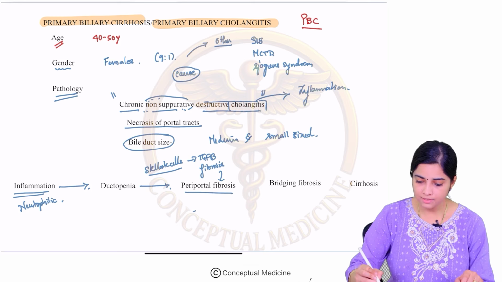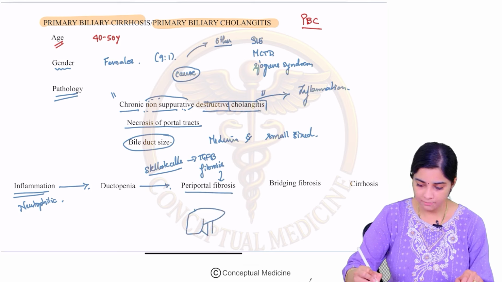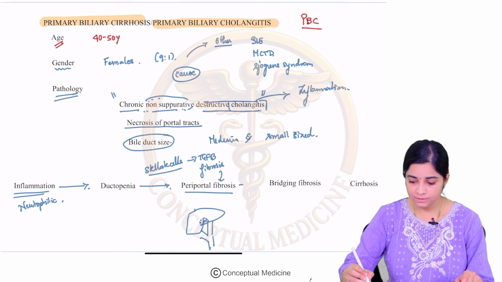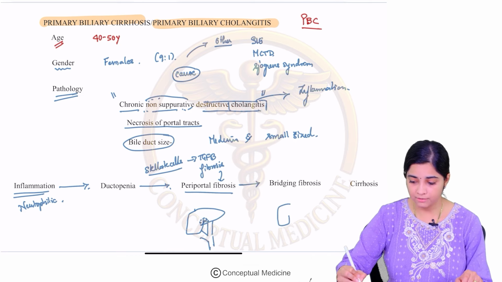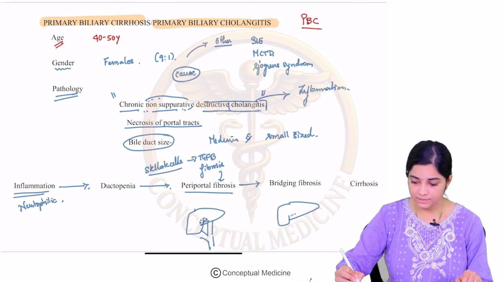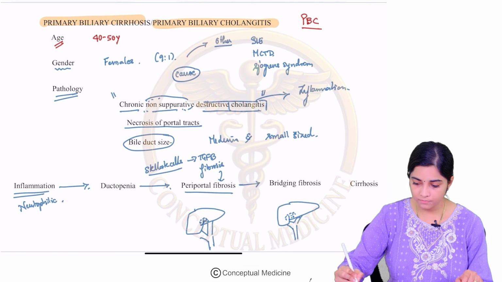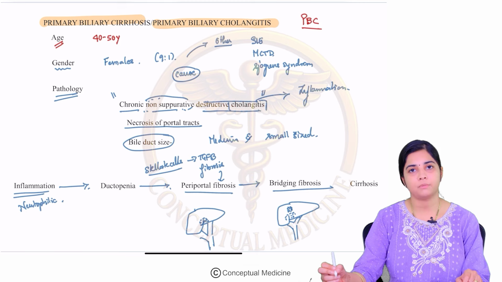Initially, the fibrosis is only in the portal area where the bile duct joins, right? Then it progresses such that the fibrosis extends from the portal area to the central area as well. And this is what we call bridging fibrosis.